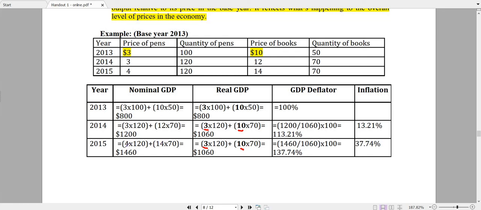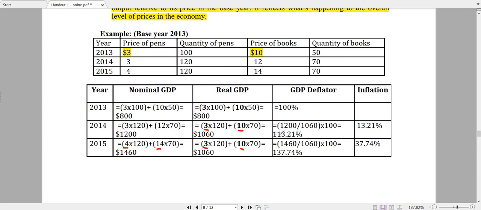When I calculated the nominal GDP, I'm using the current price level, whereas when I'm computing the real GDP, I am taking constant price level, and that constant is going to be the base year price levels. Okay, so this turns out to be 137.74%.